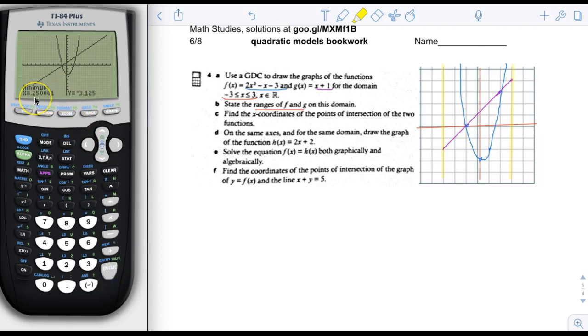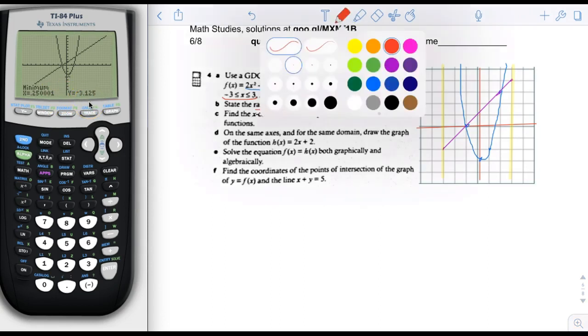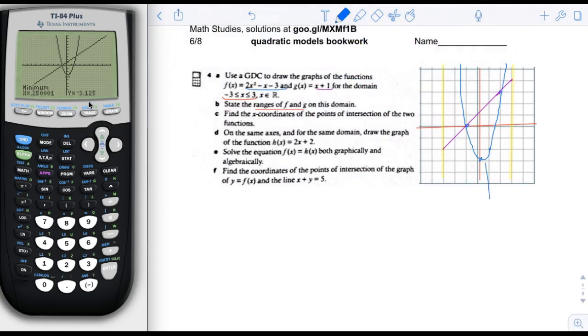And the minimum value is 0.25, -3.125. So I'm going to write that down right here. 0.25, -3.125.